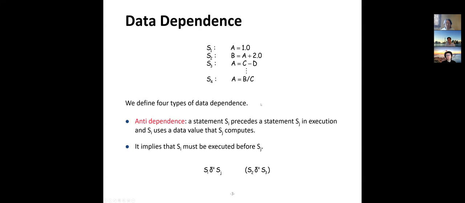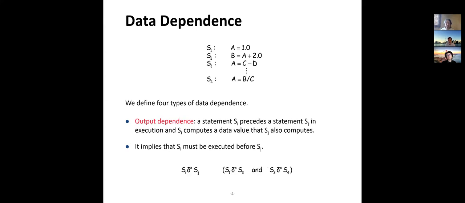So that's called an anti-dependence and has a sigma A notation. That doesn't necessarily mean they cannot be reordered, but you can't just blindly move this over this, because then this will start to use a different result, right? So that's why it's called anti-dependence. Okay, it's the opposite of the flow or true dependence.